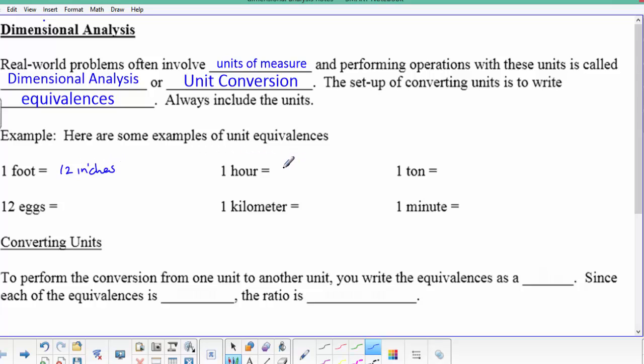We know that 1 hour is equivalent to 60 minutes. 1 ton is 2,000 pounds. 1 minute is 60 seconds. 1 kilometer is equal to 1,000 meters. And we know that 12 eggs is 1 dozen eggs.